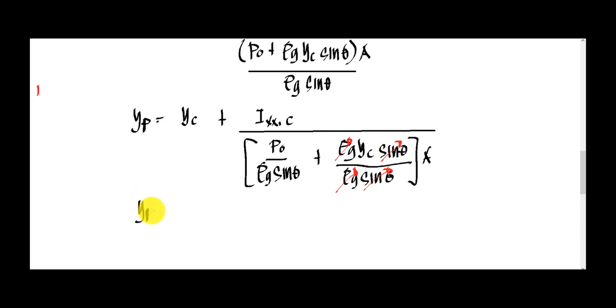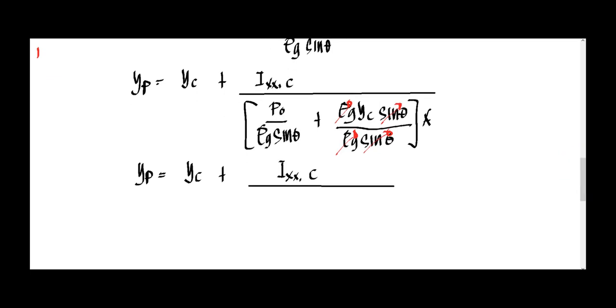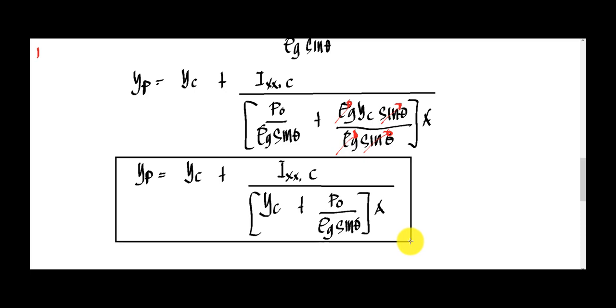So we can now write our equation: YP is equal to YC plus IXC divided by YC, which is left, plus atmospheric pressure divided by density, gravity, and sine of theta, and this is multiplied by your area. So let's box this equation. We now have the value to get your YP.